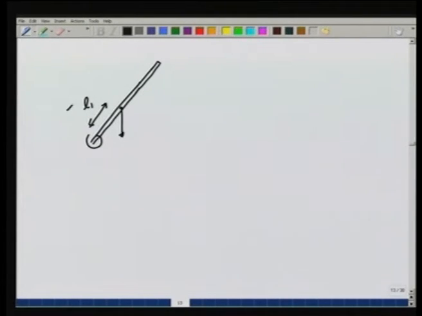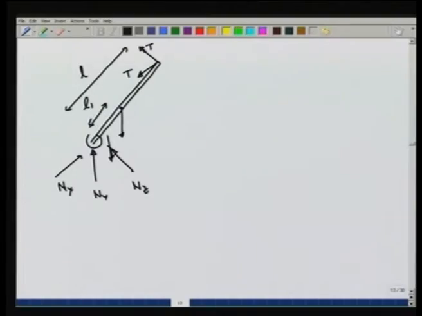Let the length of the pole be L, and then he applies forces horizontally by 2 ropes in 2 directions like this. What is the tension in these ropes? That is we want to know, and what are the reactions here in x, y and z directions, N_x, N_y and N_z.